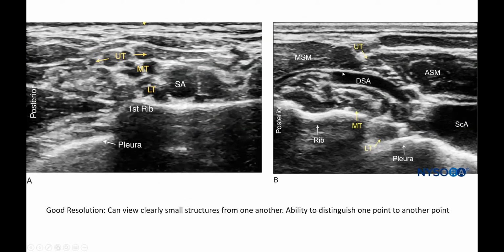So this is a good application for these probes, like for regional block or vascular access and so on. As you can see here, the depth is quite narrow. It cannot scan very deep structure. Typically it's only about 3 to 4 cm depth that we can produce these very high quality resolution images.